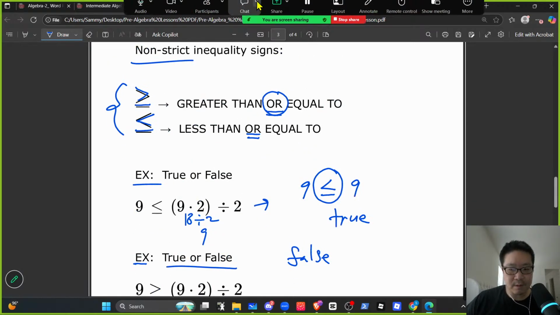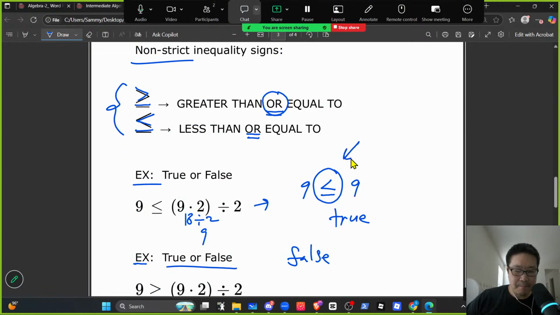Remember this one, it was the same thing. 9 is less than or equal to 9. So 9 is not less than 9, right? But is it equal to 9? Is 9 equal to 9? Yeah. And so it's less than or equal to, so it's true.